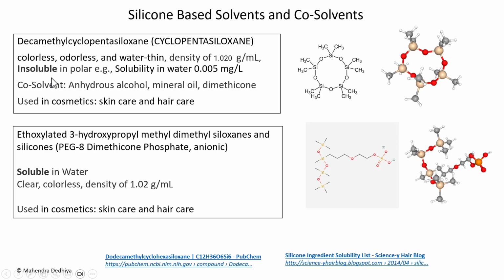It's insoluble in polar liquids. Solubility is low in water. It requires cosolvents such as anhydrous alcohol, mineral oil, dimethicone, and it is extensively used in skincare and hair care products because of its spreadability, and it can incorporate non-polar molecules.